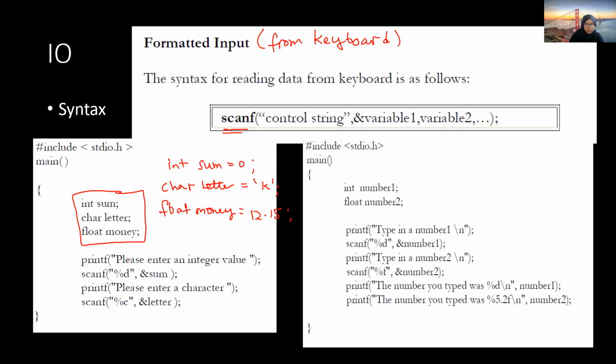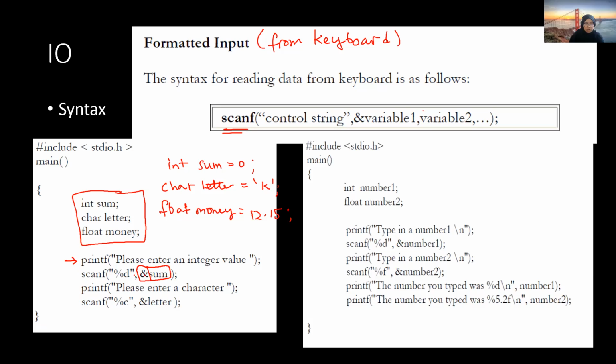Example, let's say printf, let's say this one. So this is asking the user to enter the value for sum. So you scanf and then ampersand sum. You need to have this ampersand symbol right here.